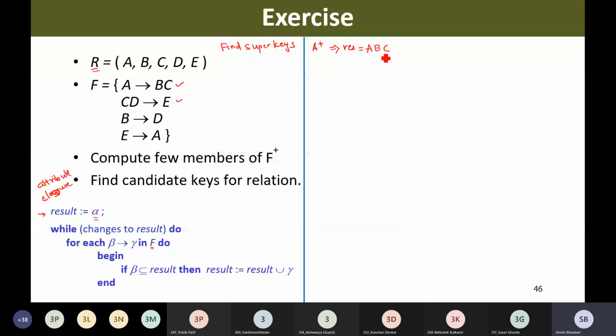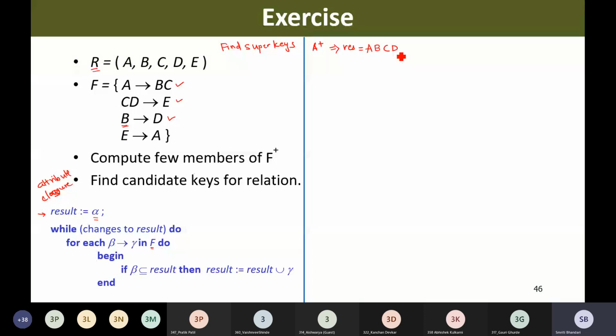So we are not going to add E to our result. We'll proceed with the next functional dependency, B to D. Here B is a subset of my result, so I'll append the right hand side D to my result.